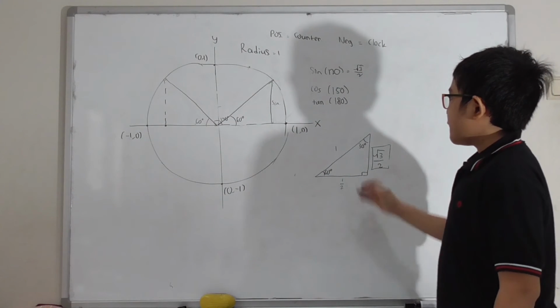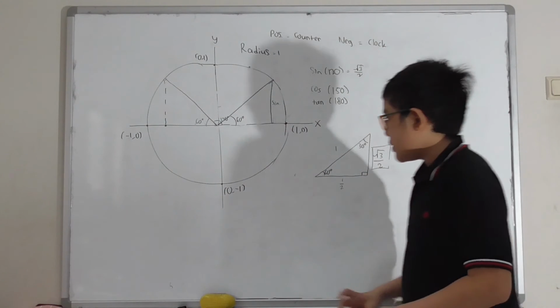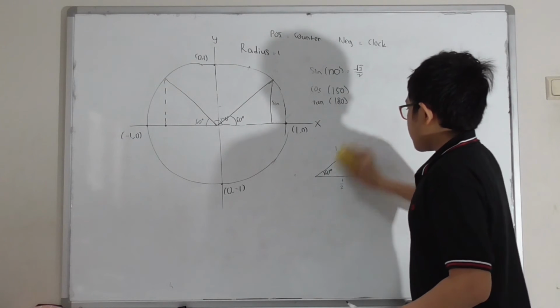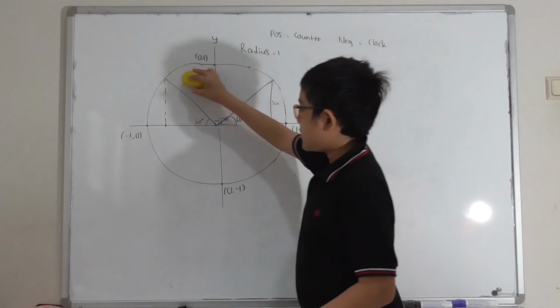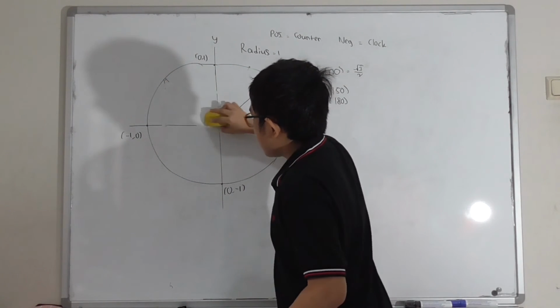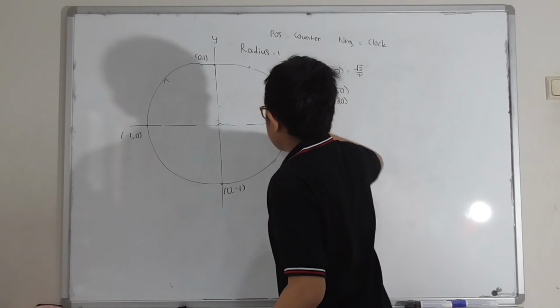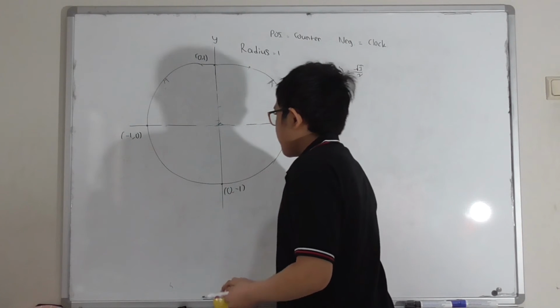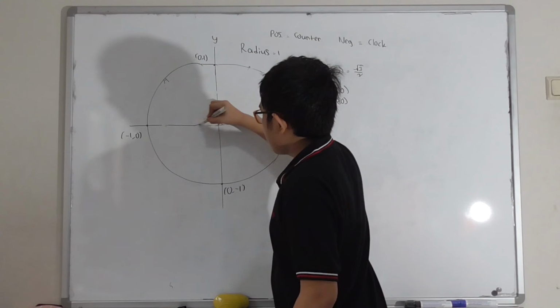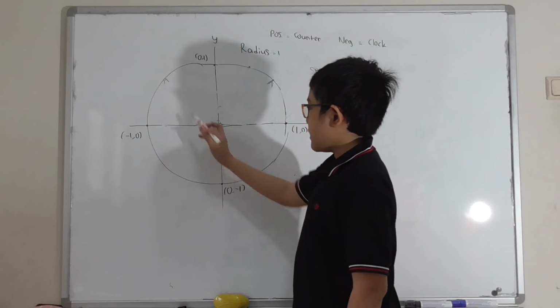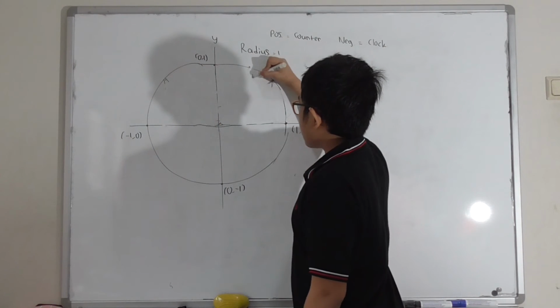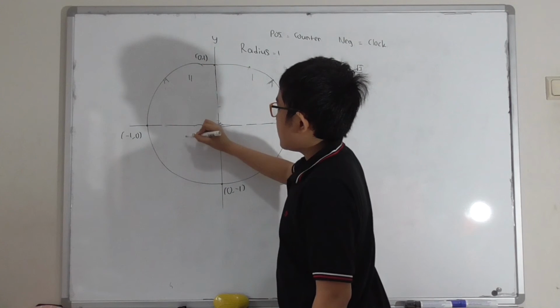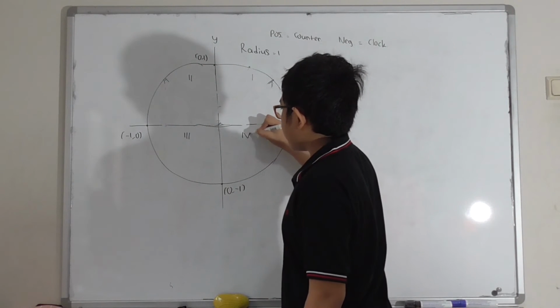And then, what about for cosine of 150? Well, let us erase this triangle and this triangle. For cosine of 150, it's going to be in the second quadrant. It's going to be the first quadrant, second quadrant, third quadrant, and fourth quadrant.